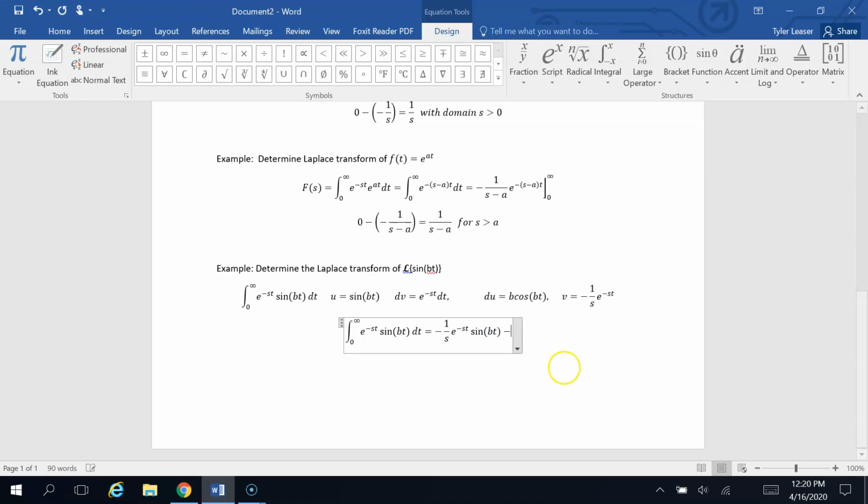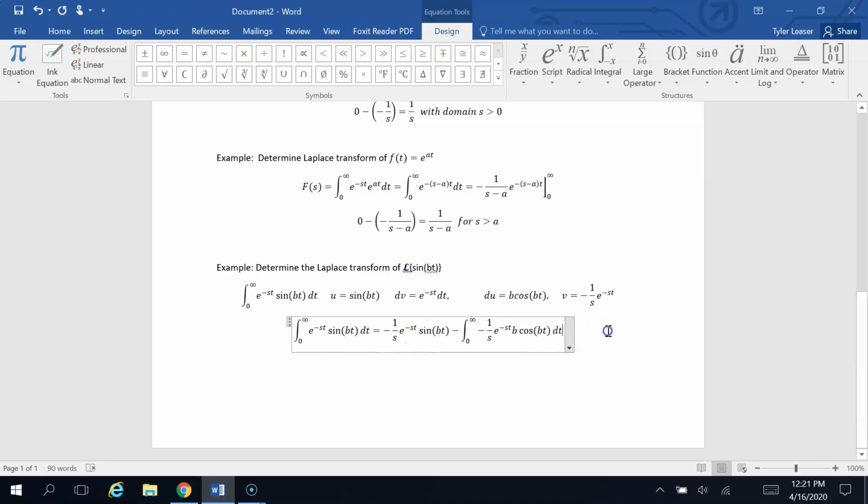And that's going to be minus the integral, still from 0 to infinity, of v du, so negative 1 over s, e to the negative st, and then du is b cosine of bt dt.